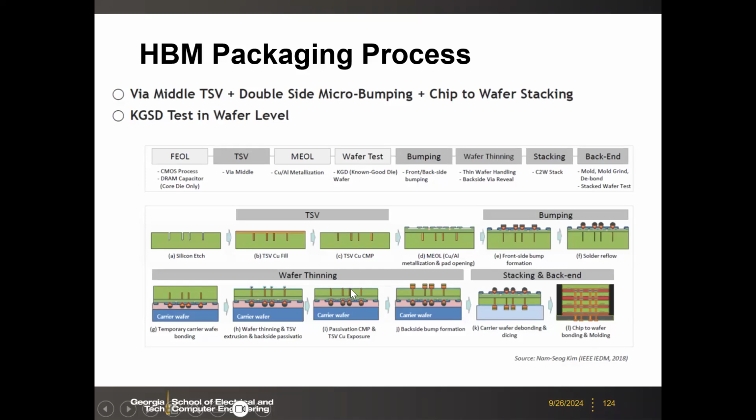Then you will add this micro bump again, and then finish the wafer, and then you are going to remove this carrier wafer, and also you dice this into those 2D DRAM dice, and then you do the bonding, chip to wafer bonding, yeah. So this is the flow for the HBM.